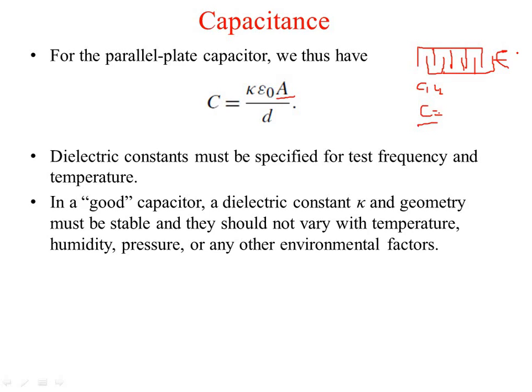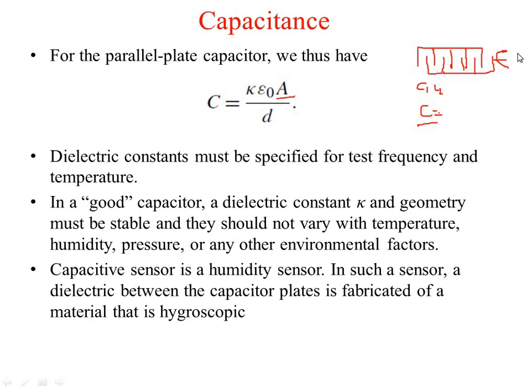Another concept is also there, we are going to see soon how it can be used for level measurement also. A capacitive sensor is also a humidity sensor. That means whatever dielectric material you are using, if it is sensitive to humidity, then you can use that capacitor for measuring the humidity also.